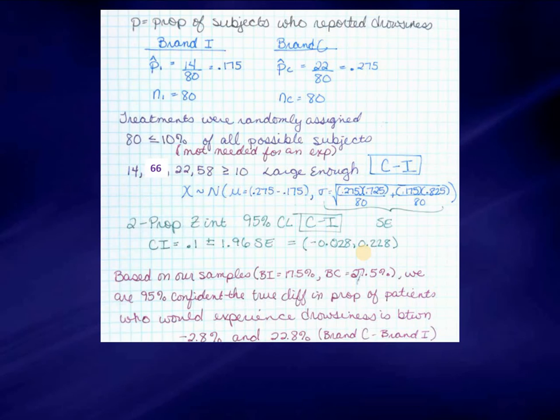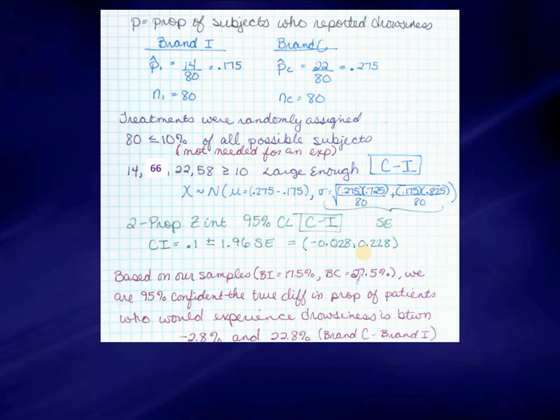We say, based on our sample. Now, I wrote in what my samples were. That's not really a deal breaker there. We are 95% confident that my population parameter that I'm interested in here is not just the proportion, but the difference in proportion. So check your answers. Did you put difference in proportion down in your sentence?